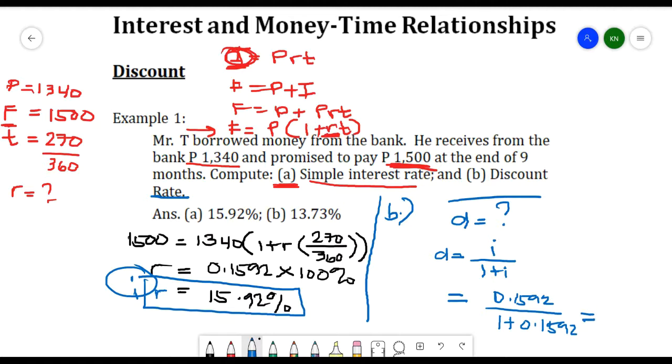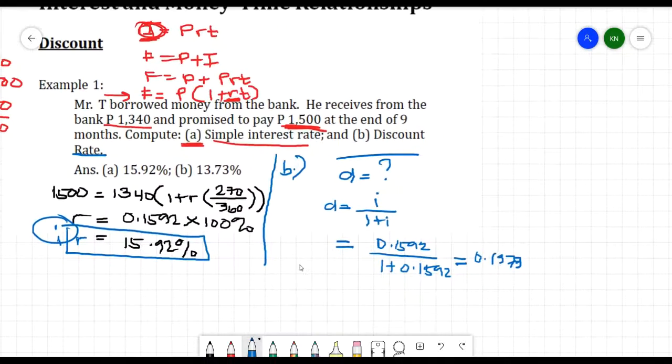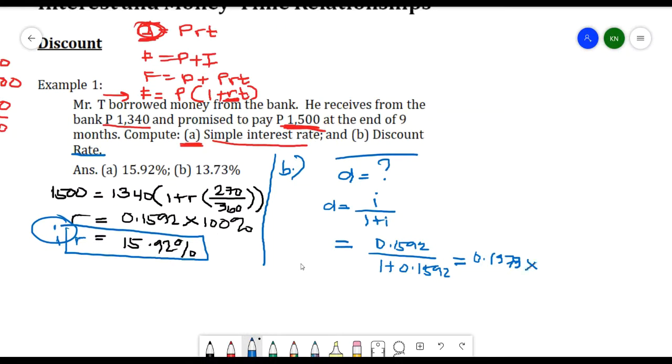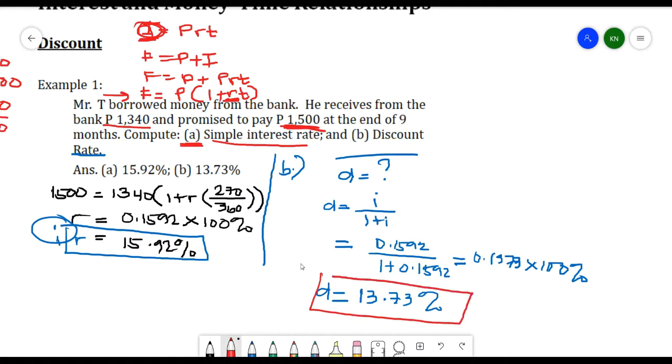That gives us the discount rate of 0.1373, and we multiply that by 100 to get the percentage of our D. So D is 13.73%. This is now the final answer for the discount rate and for the interest rate.